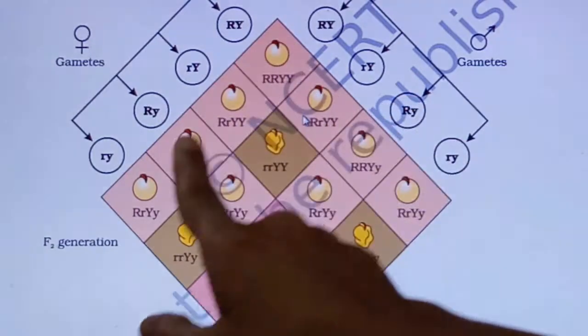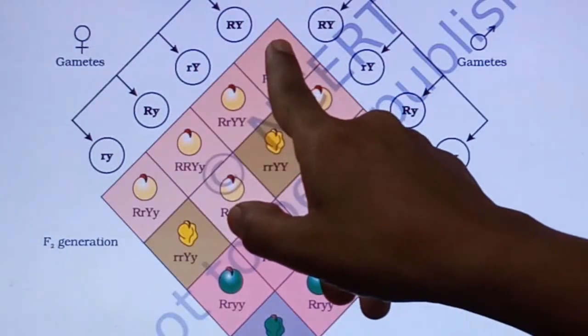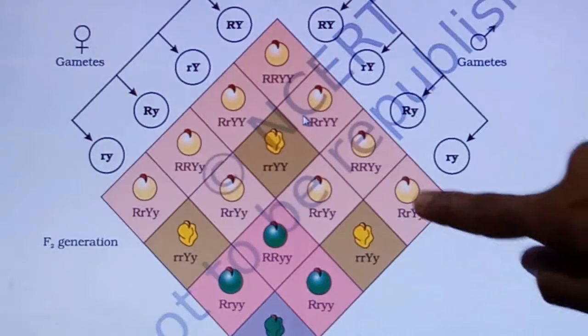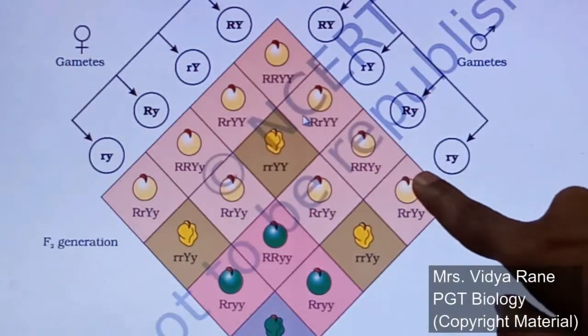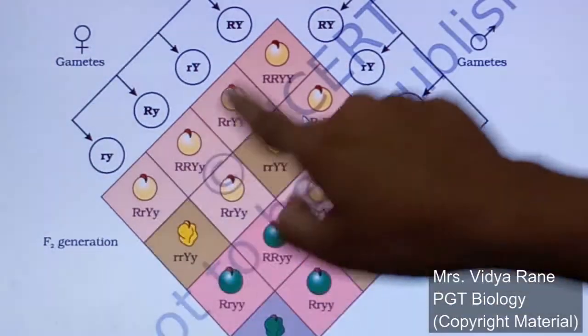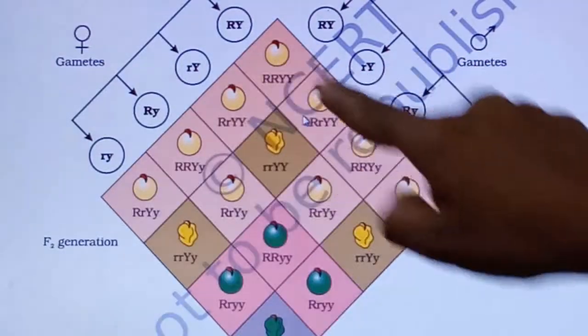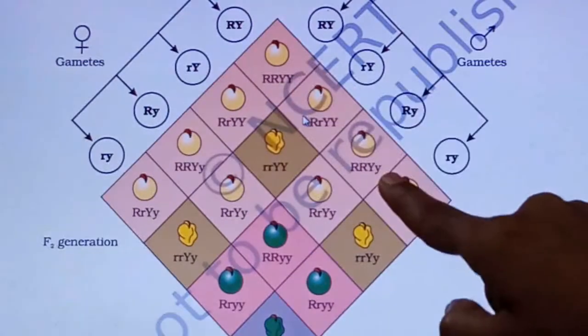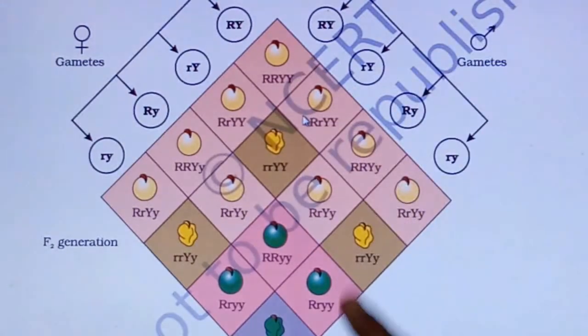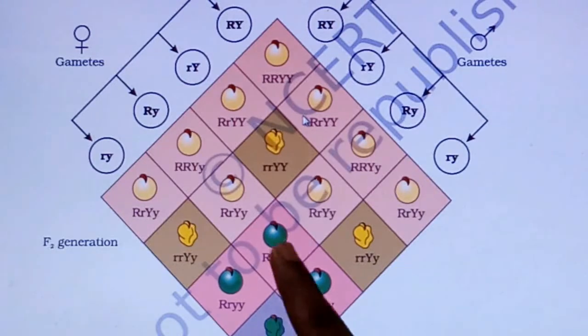See, these first 4 are all parental character, and these 4 are all parental character, and you join them, so this triangle is formed. This big triangle gives you all the parental characters. Now the last corner gives you the recessive parental characters, that is green and wrinkled.